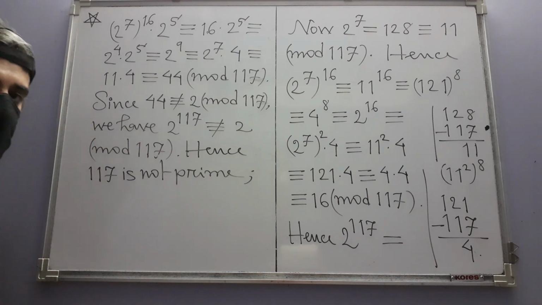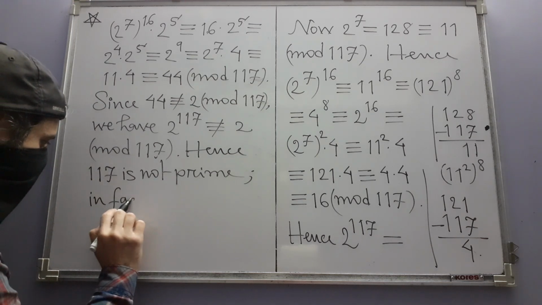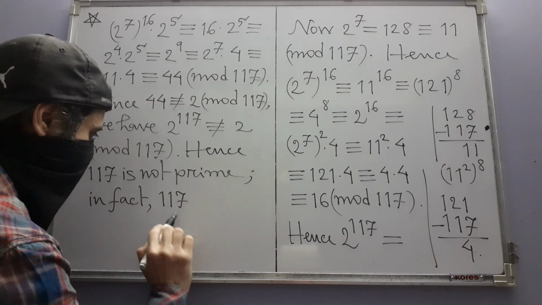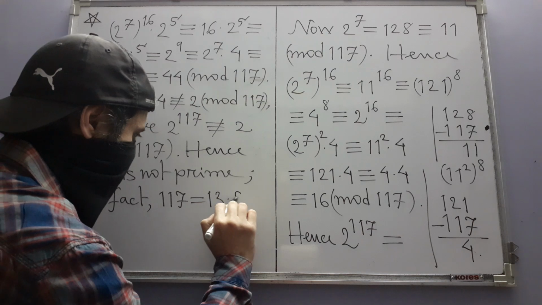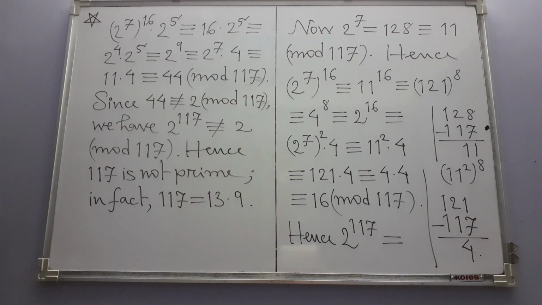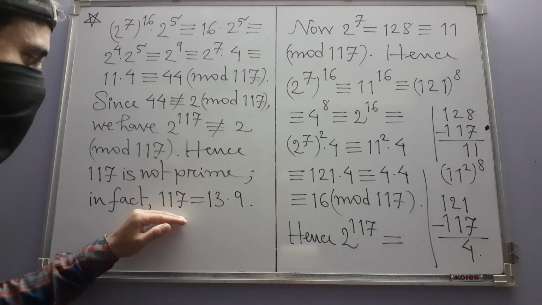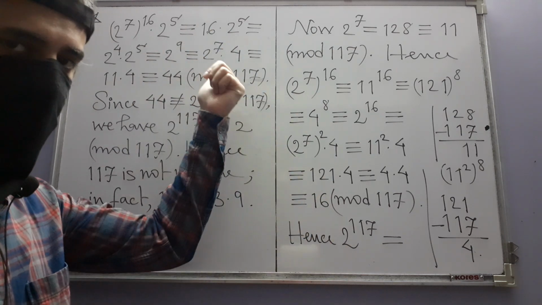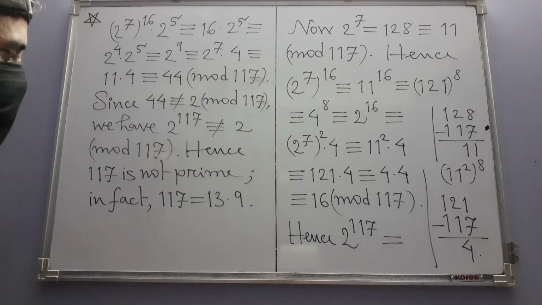That way you can find a prime factor. And one can check that 117 is 13 times 9. So obviously it's composite, and you may be thinking why we have to go through all this. It's just a demonstration of that observation, nothing more than that.